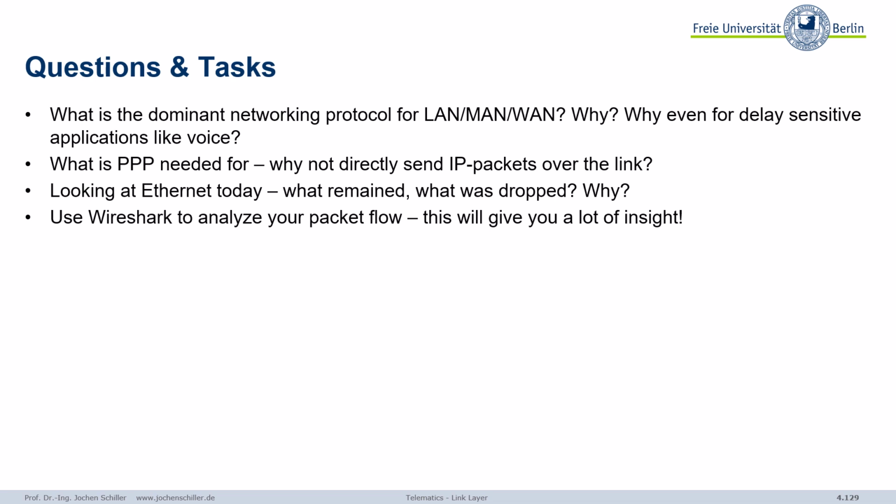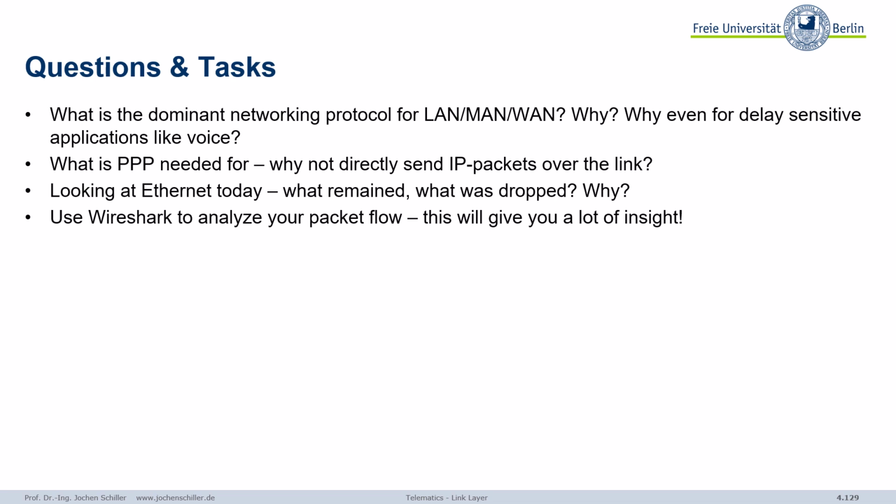And I just said that Ethernet does not offer any quality of service, acknowledged, reliable transmission, connection setup, etc. So, how can we now offer delay-sensitive applications like voice over the system? Things we could not think of many years ago when we started all with this classical Ethernet 10 megabit per second. Why do we need a protocol like PPP?